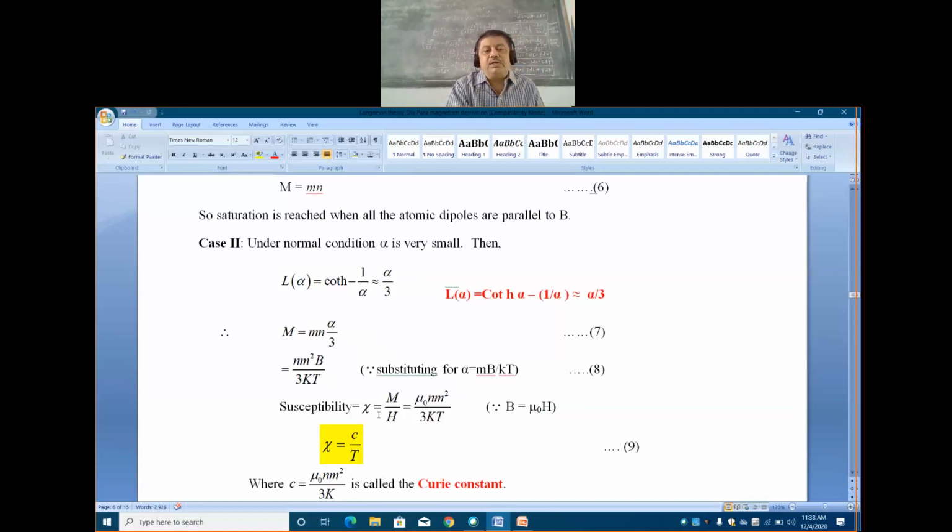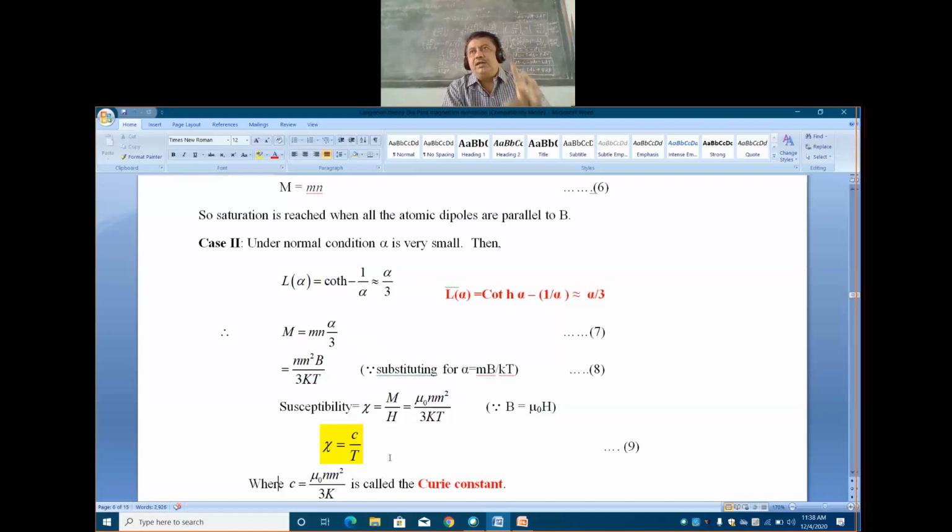Susceptibility is represented by chi, equal to capital M by capital H. From the earlier expression, M is N m square B by 3kT and B is mu naught H. H in numerator and denominator gets cancelled. So we get mu naught N m square by 3kT, and we write chi is equal to C by T. So chi is inversely proportional to temperature.